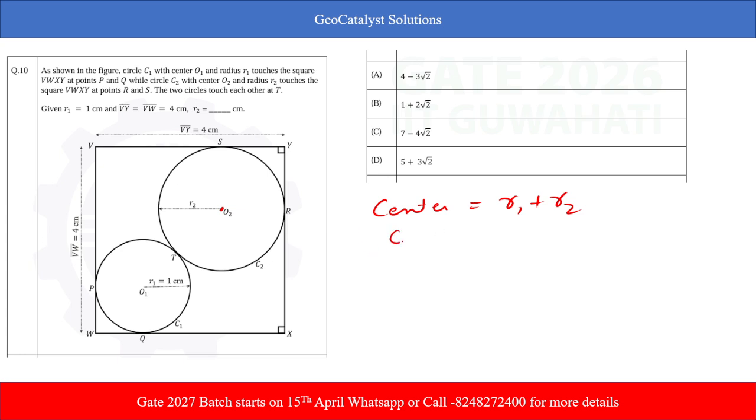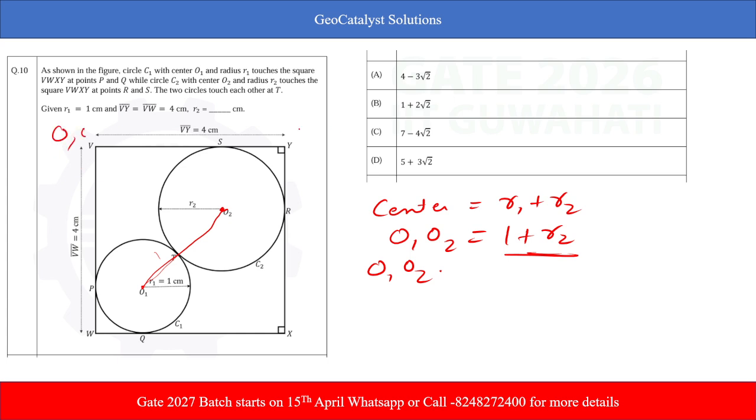Now O1 O2 will be equal to 1 plus R2. This is O1 O2. So O1 is this, 1 plus R2. So that only I have written. Now O1 O2 we can write in other terms also. Suppose this is 0, 0.